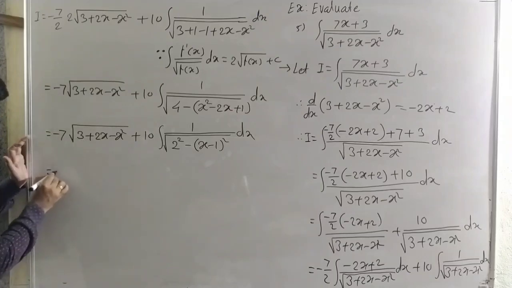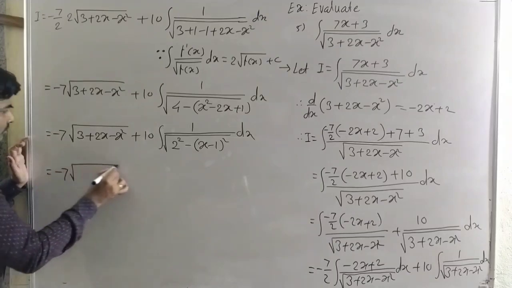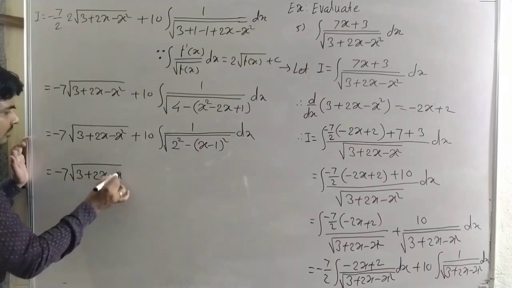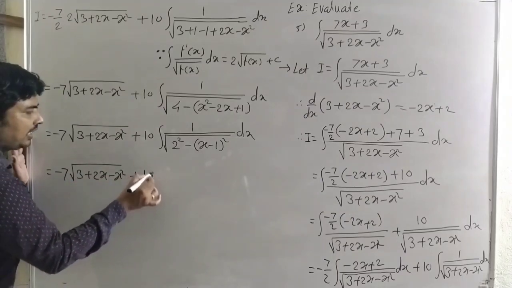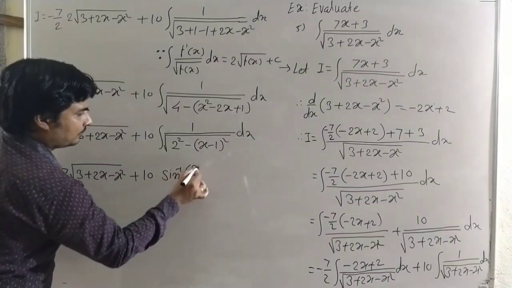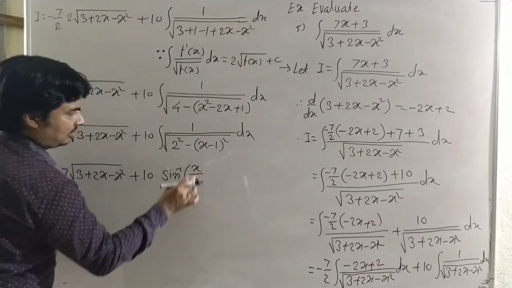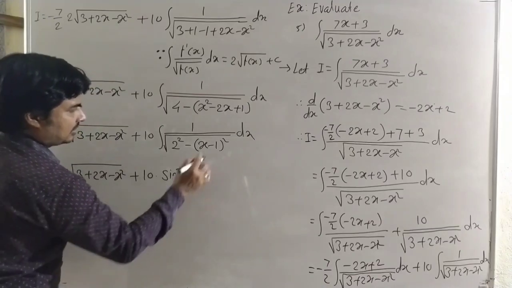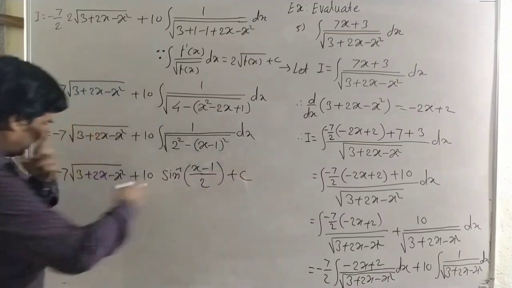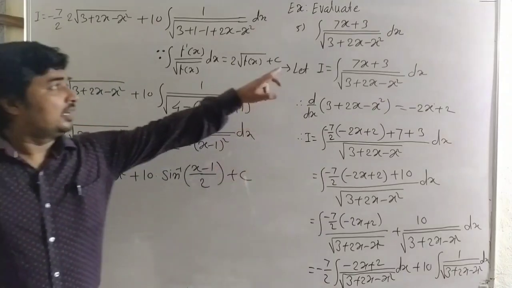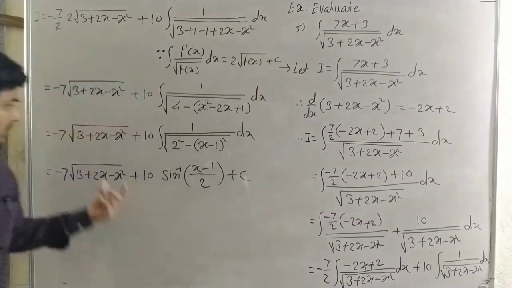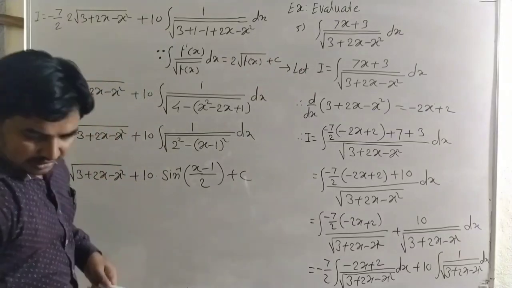First term as it is, minus 7 into under root of 3 plus 2x minus x square, plus 10 into sin inverse of x by a, sorry, sin inverse of x minus 1 by 2, plus c. It is the last answer. Here it is a linear function upon under root quadratic function, and then it is the last answer. Now we see the next example.